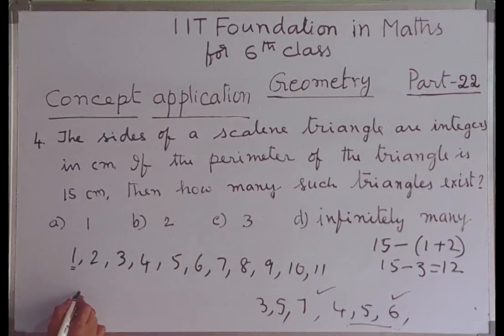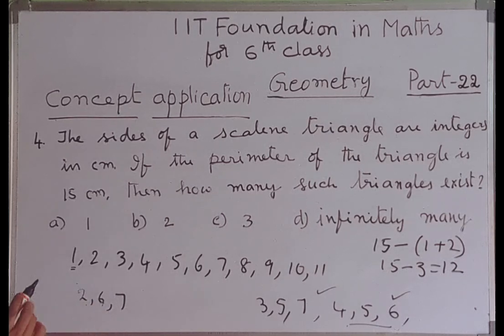Let us take 2, 6, 7. The sum is 15. And the sum of the first two sides, 8, is greater than 7. 6 plus 7, 13, is greater than 2. 7 plus 2, 9, is greater than 6. And also the difference 6 minus 2, 4, is less than 7.